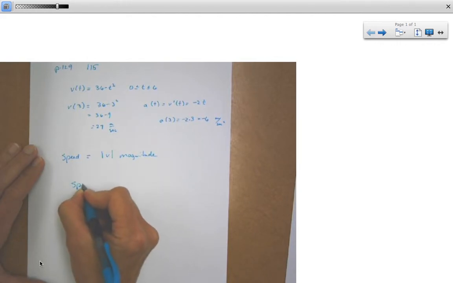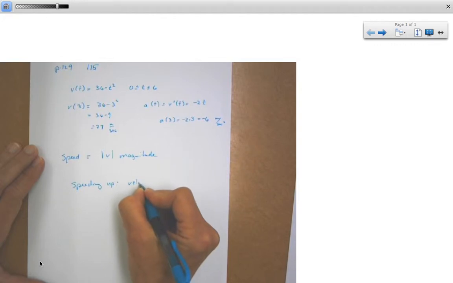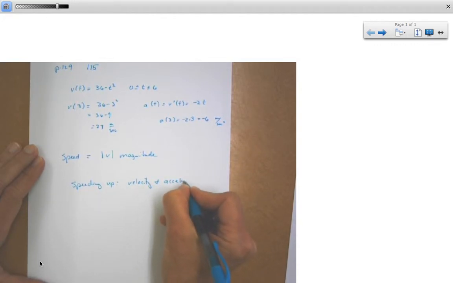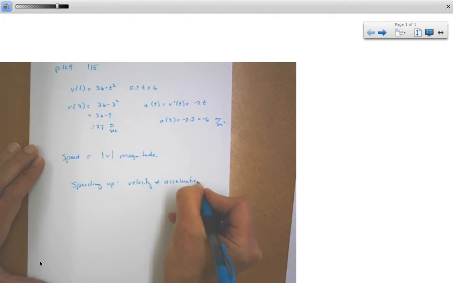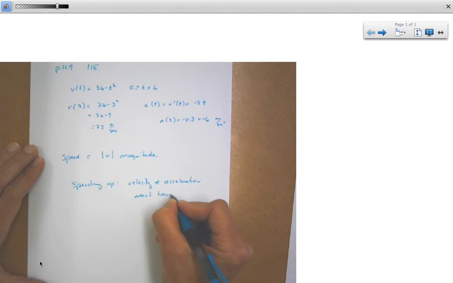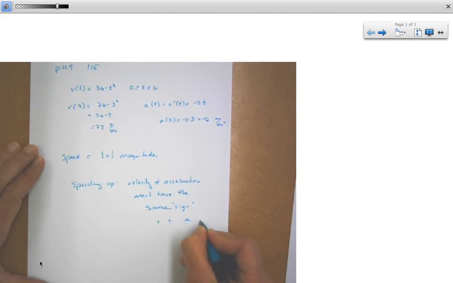But to tell if it's speeding up, velocity and acceleration must have the same sign, meaning they both are positive or they're both negative.